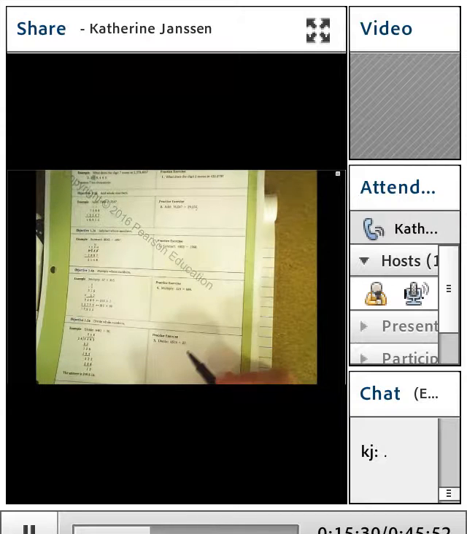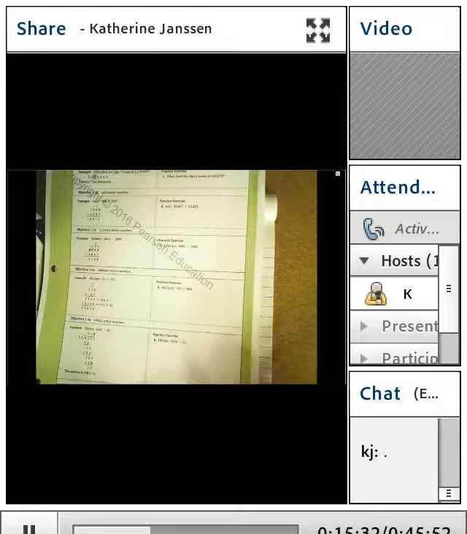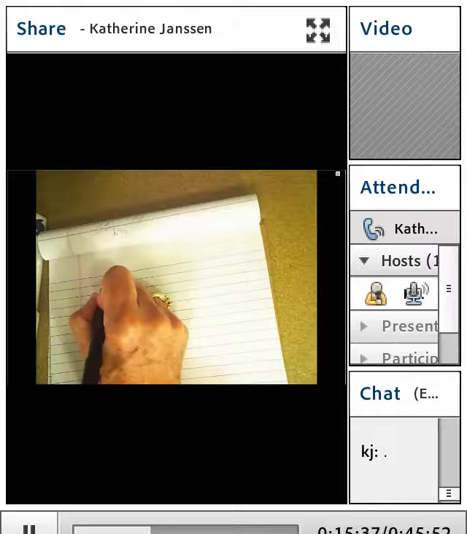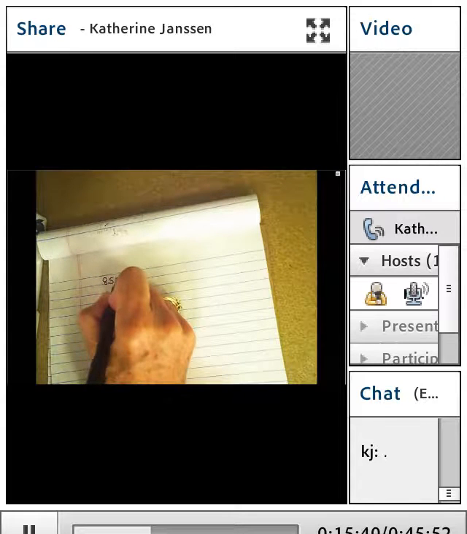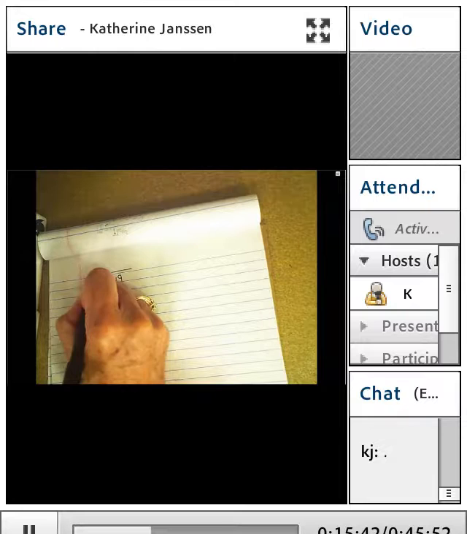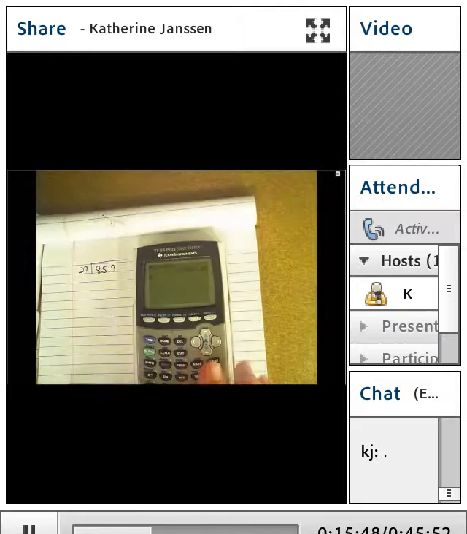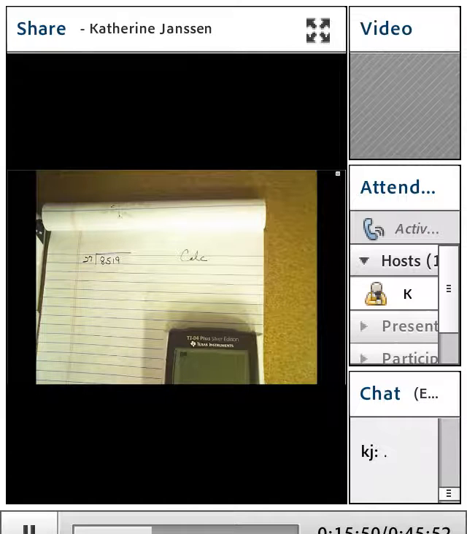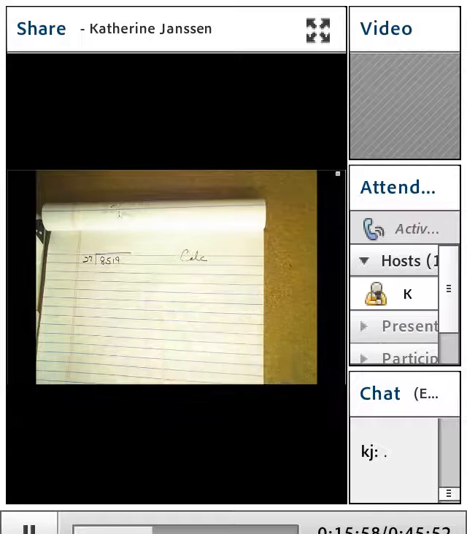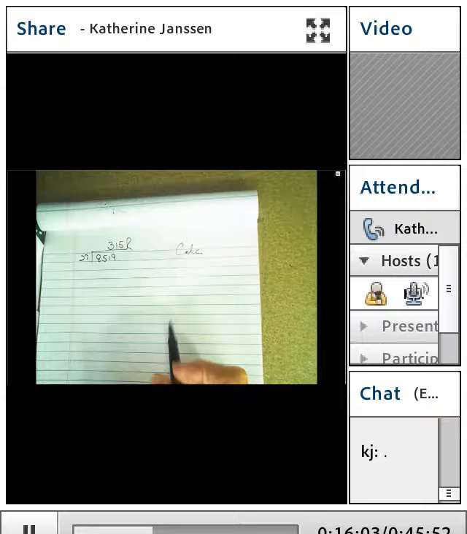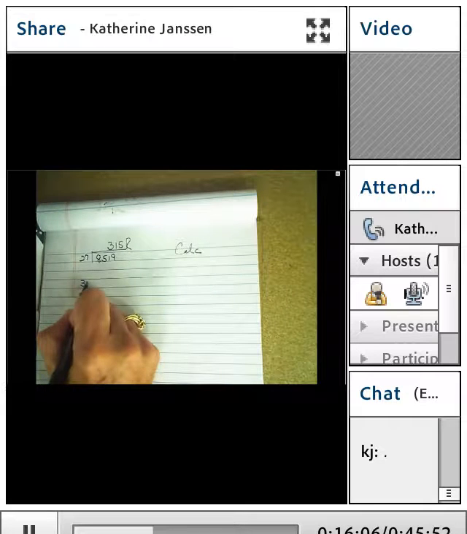Next, we're asked to divide 8,519 by 27. So with my calculator, 8,519 divided by 27 is 315 plus a remainder. I'm going to calculate that remainder by taking 315 times 27.